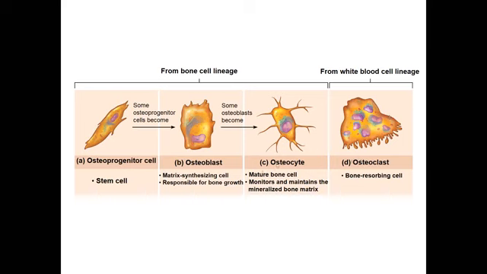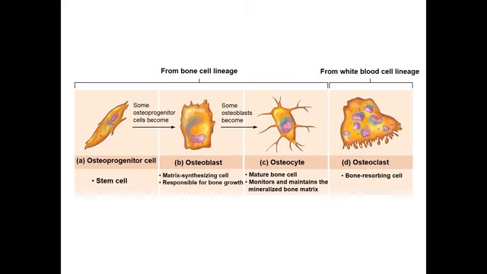Now separate, these guys here, the osteoclasts, they don't derive from those osteoprogenitor cells, only the osteoblasts do. These guys come from a different lineage. They're more like a white blood cell, a bit like our macrophages, so it comes from that kind of line. And as you can see, it's multinucleated. It's got lots of nuclei.